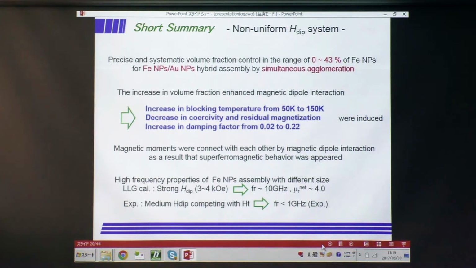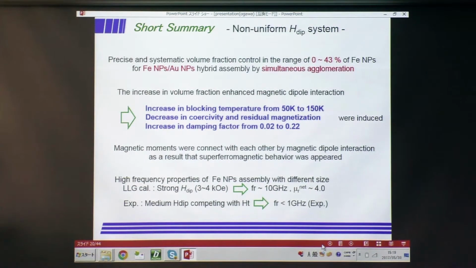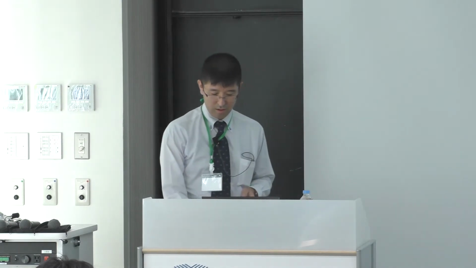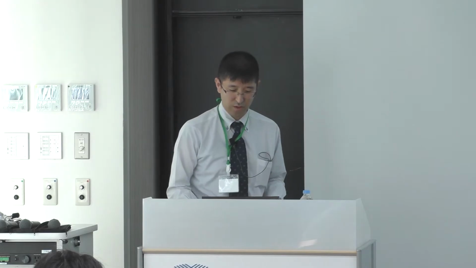But unfortunately, in this system, the resonance frequency is less than 1 gigahertz, not enough for high frequency applications. And I think this is due to the distribution of H-dip and the magnetization of the iron nanoparticles, which is not enough to enhance the H-dip interaction field.